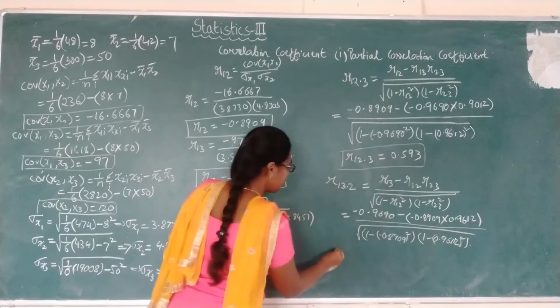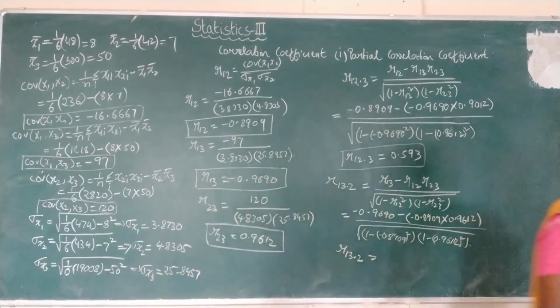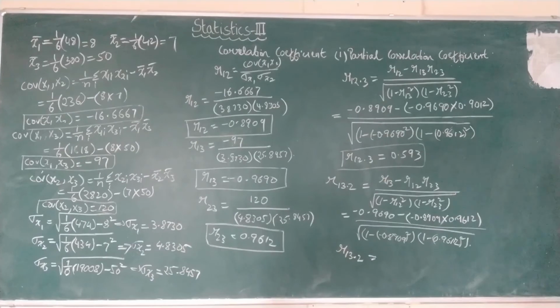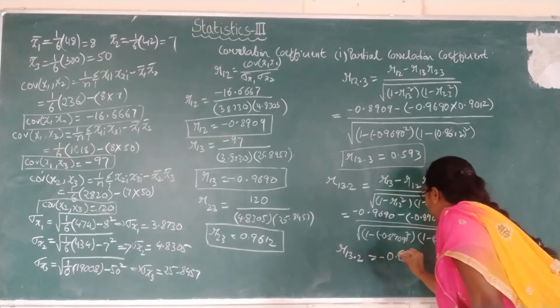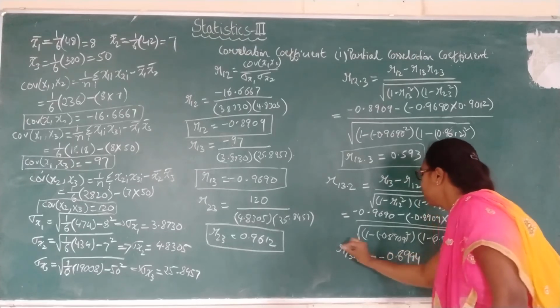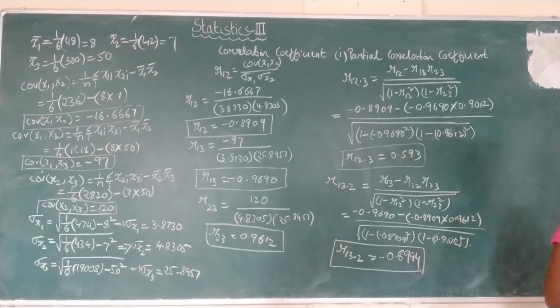So solve this one, you will get the required R13.2 value. That is the partial correlation coefficient formula. Next we will find R23.1.